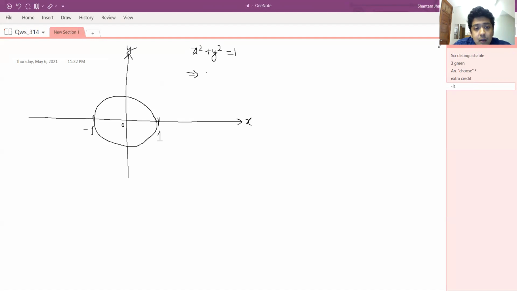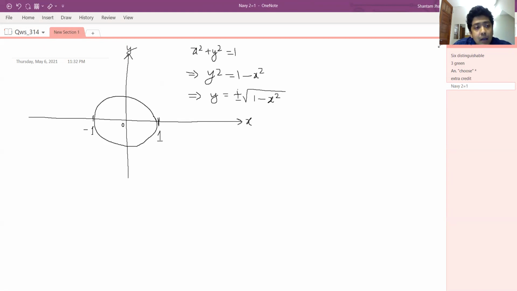Which can also be written as, no, I don't want x to be my subject. I want y to be my subject. This can also be written as y squared equals 1 minus x squared. Sure. This can also be written as, well, y equals plus minus square root of 1 minus x squared.